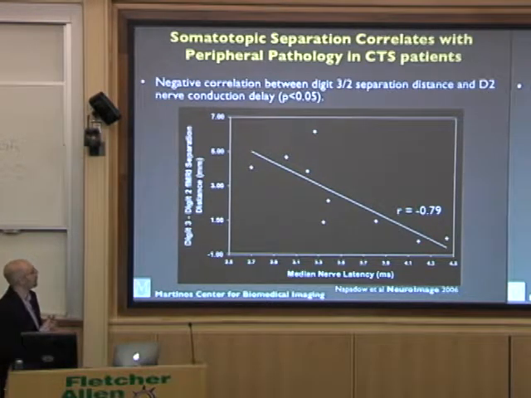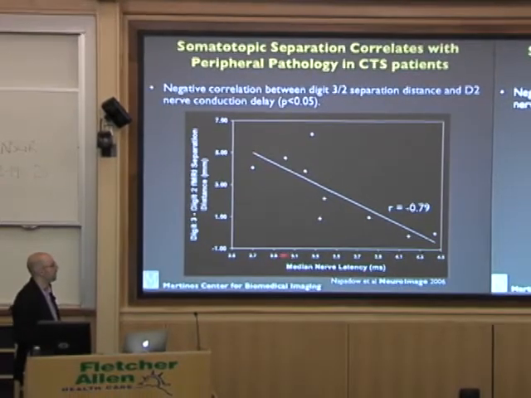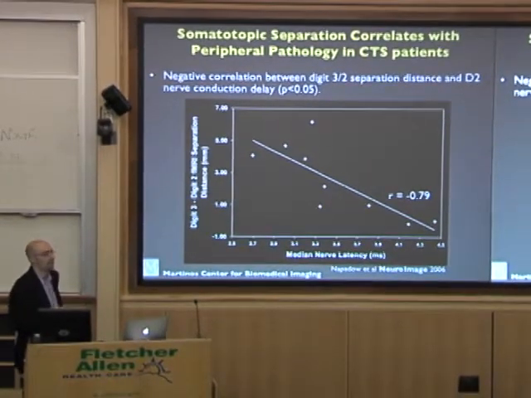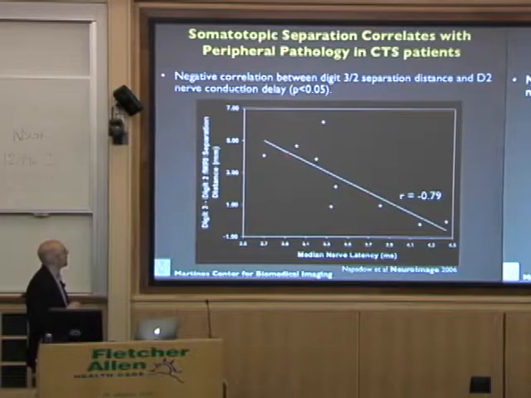And so now we're trying to correlate the improvement in median nerve sensory latency on the x-axis with, this is now the baseline data. So at baseline, the patients who have worse median nerve latencies are also the ones who have more blurring. And that in fact appears to be the case.